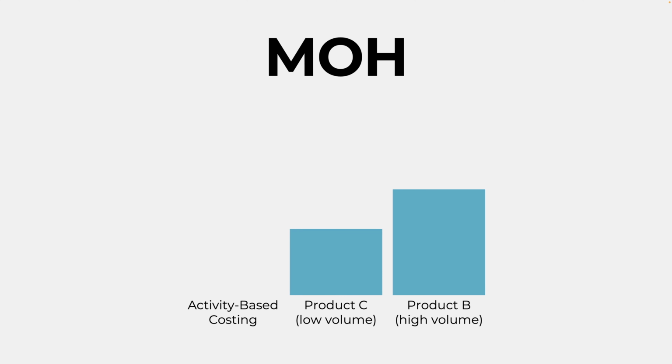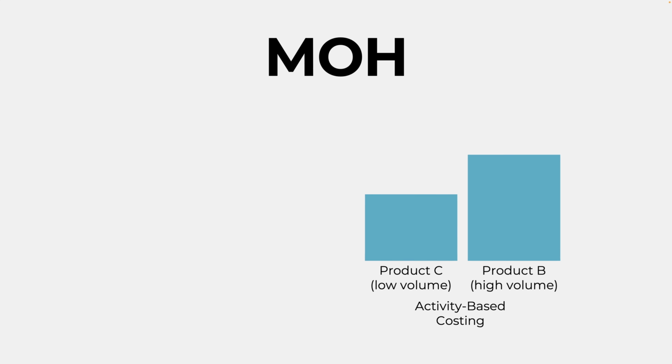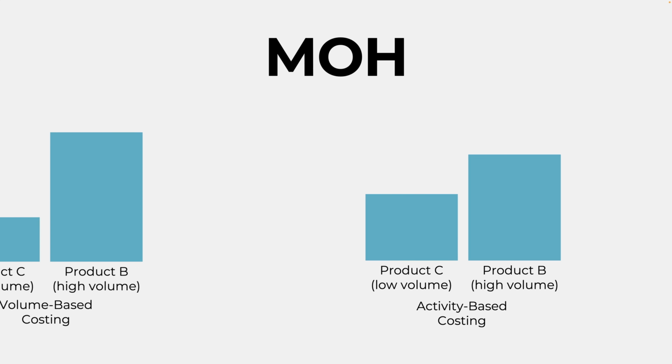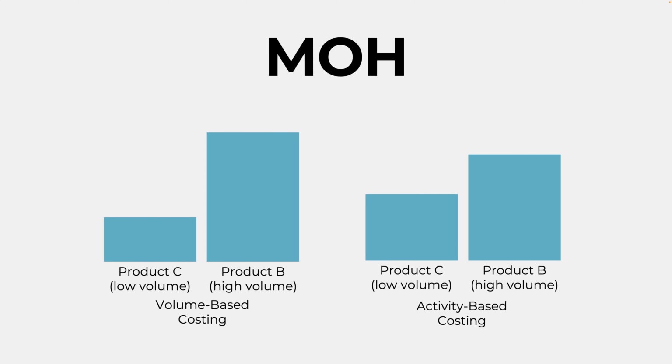And so when we do it more accurately, you can see that product C actually has more of the overhead allocated to it than before, and product B has less overhead allocated to it than before. Perhaps it's easier if we move this to the right and then show you what was done previously with a volume-based system. Again, with a volume-based system, you can see that product B is overcosted and product C is undercosted.